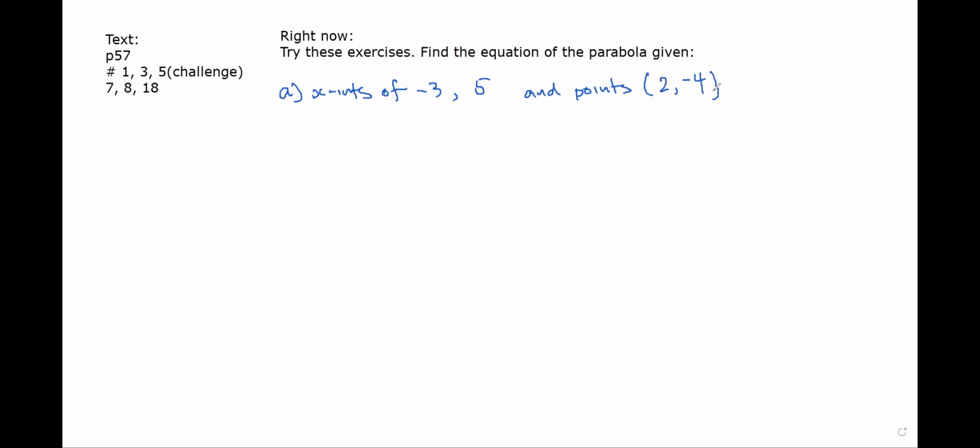How about, here's a hard one. Okay, that might be a little ugly, but it should be fine.